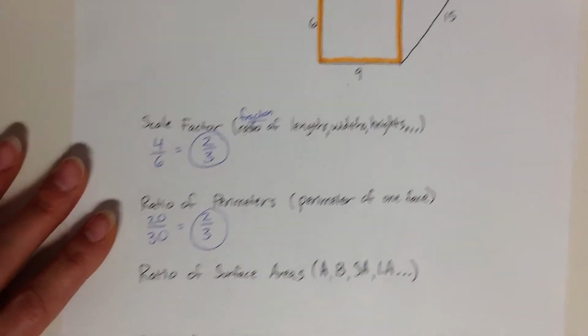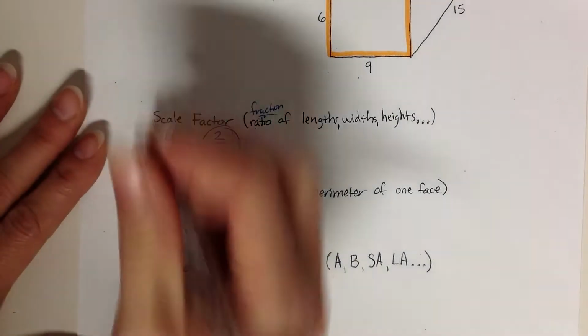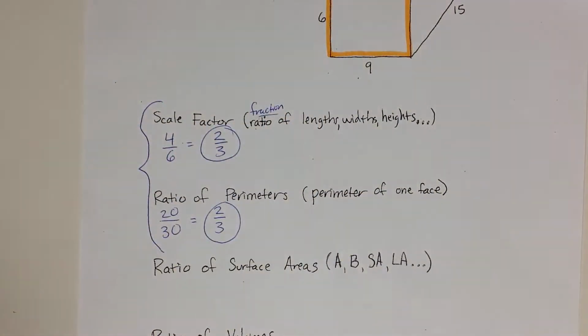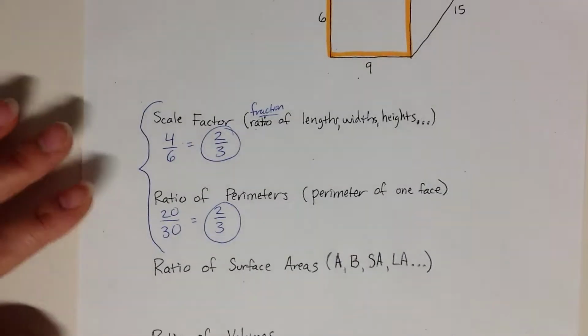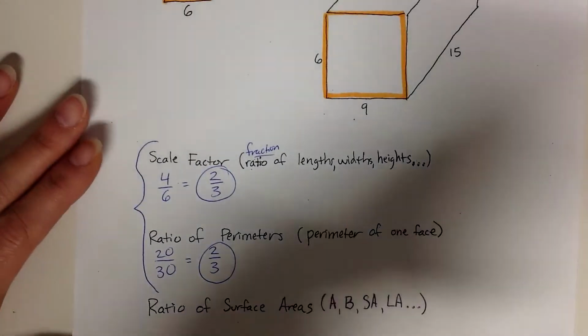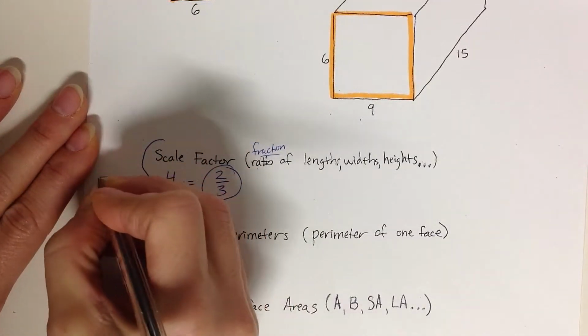I didn't talk about it at length in Unit 5, but the reason why these have the same ratio is because these are both one-dimensional measurements. Okay, they're both measured with a ruler. So anything that I can measure with a ruler.